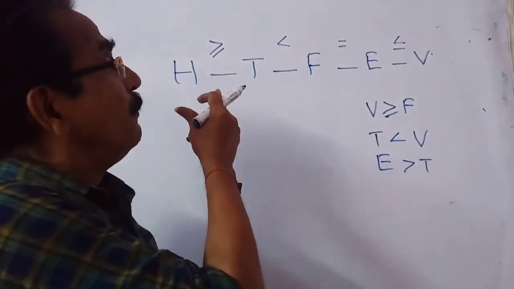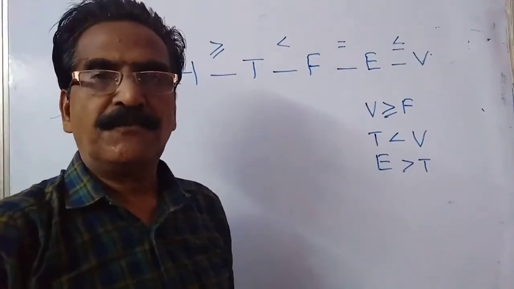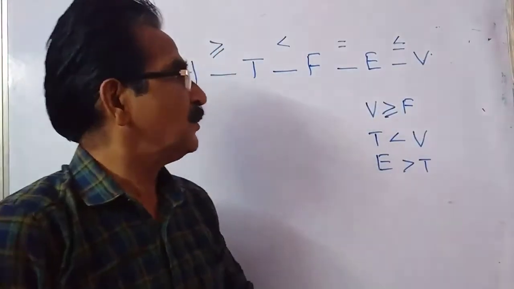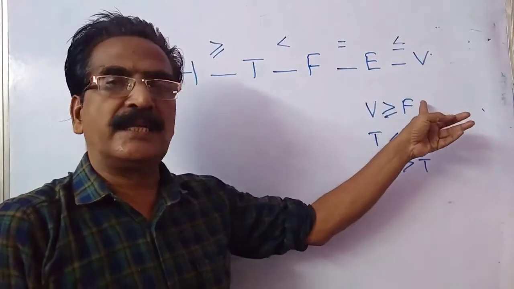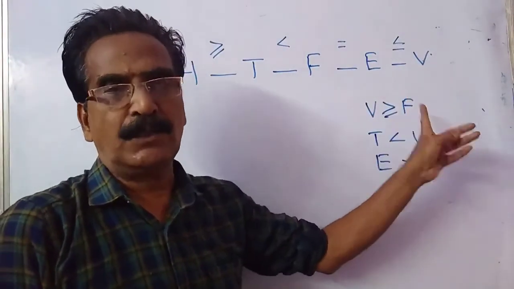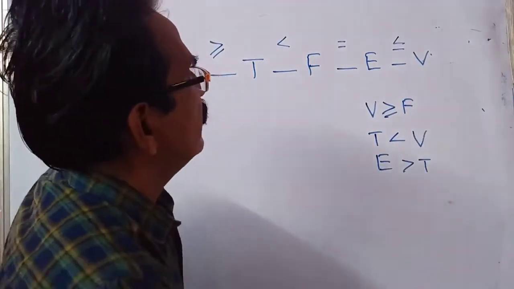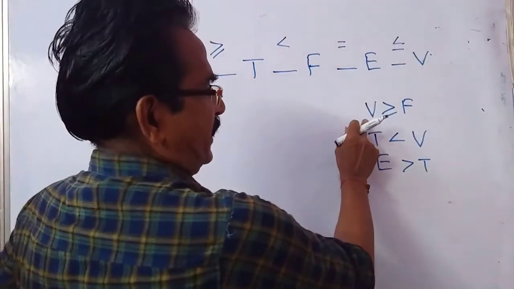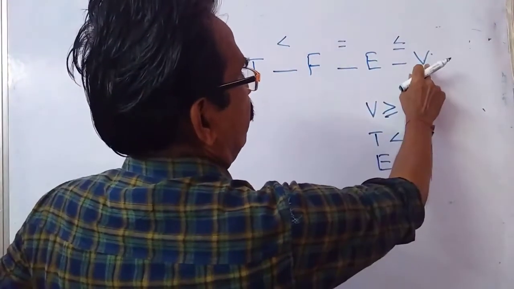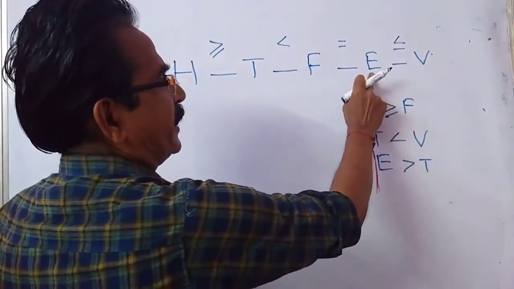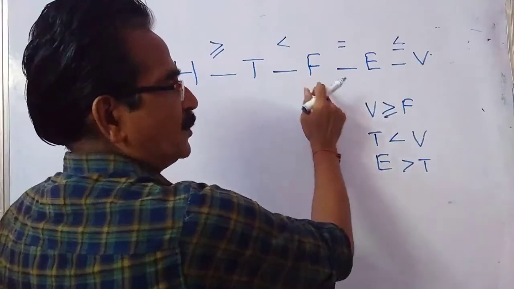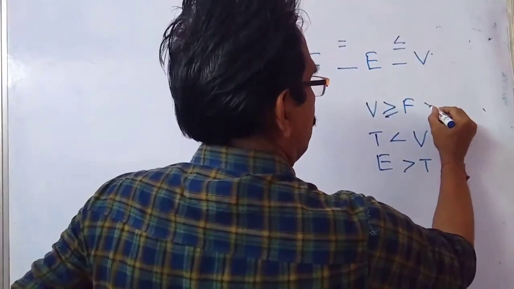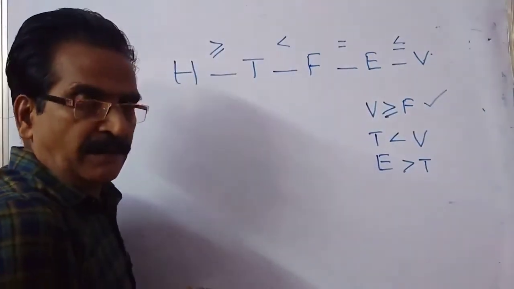If you place these symbols, let us verify if all three statements are true. First conclusion is V greater than or equal to F. V greater than or equal to E, E is equal to F. So V greater than or equal to F is true.